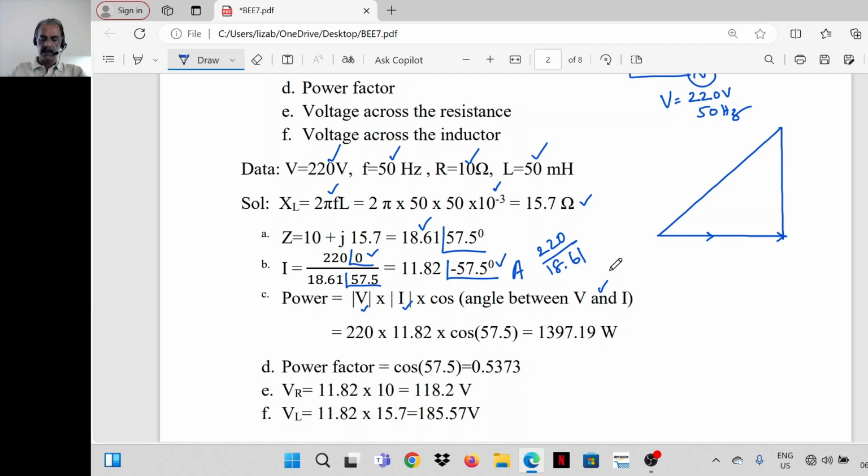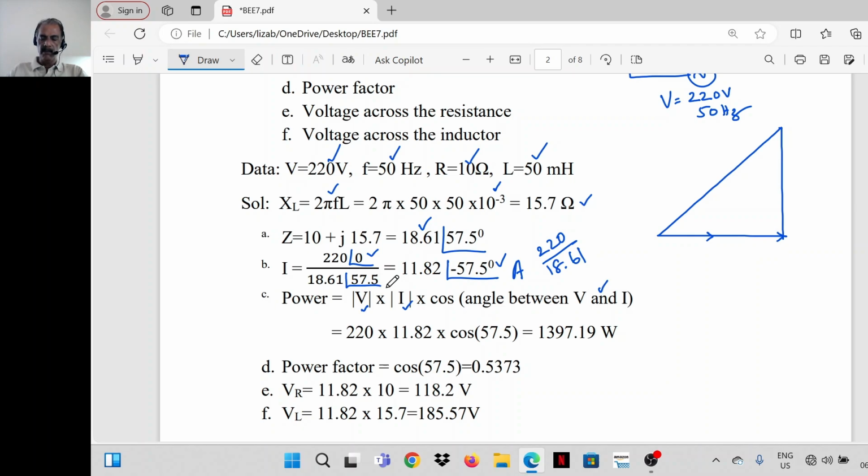That is the power factor angle. So when we are using the equation power is equal to VI cos phi, please note that V is the magnitude of the voltage, I is the magnitude of current, into cosine of the angle between these two quantities V and I. That is the power consumed by the circuit.